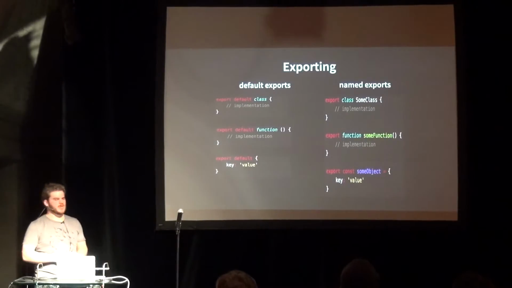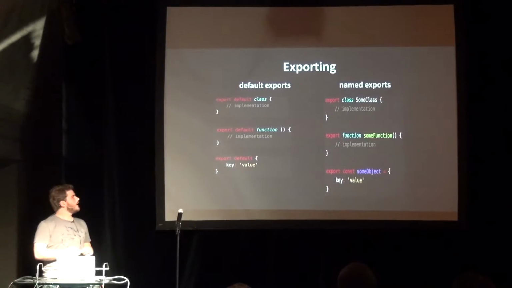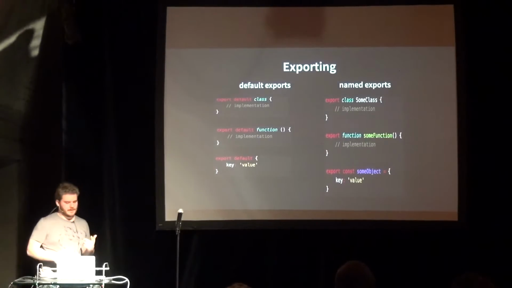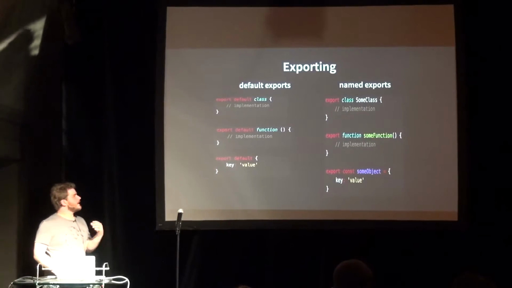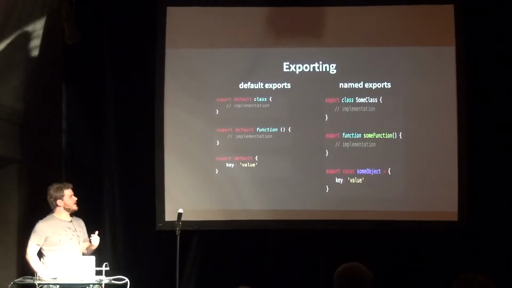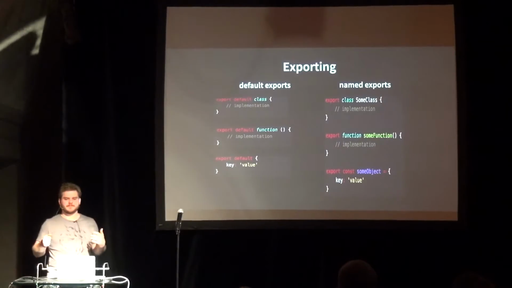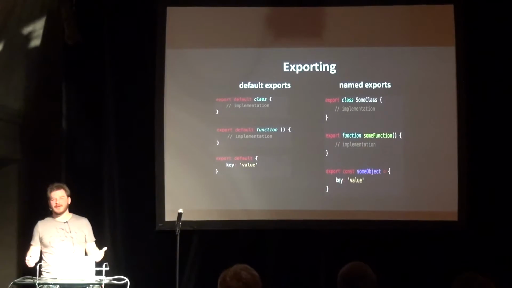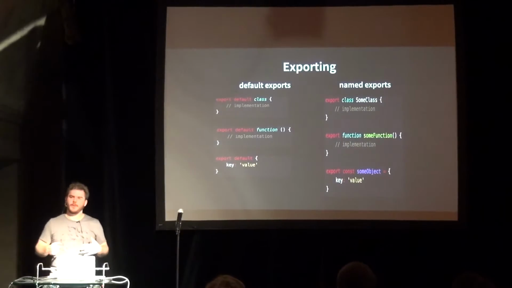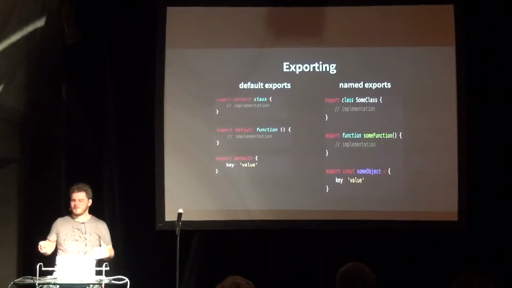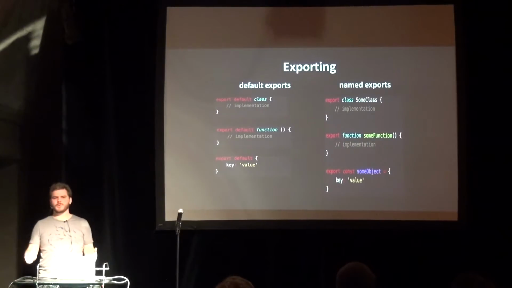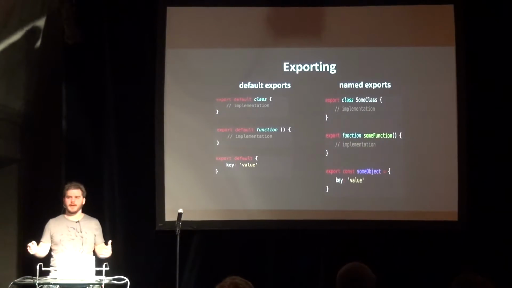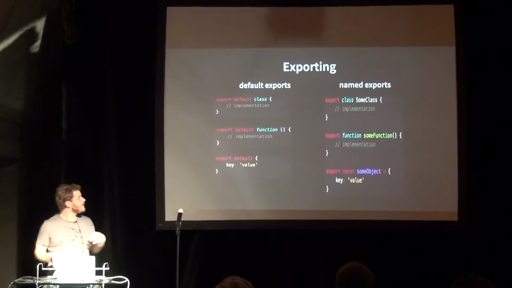That's the one you will probably use the most. There are a few key facts about this. Every file can only contain one default export, and you are probably using this default export when you're only exporting one thing from a file, or if there is one very important function you want to export from this file.